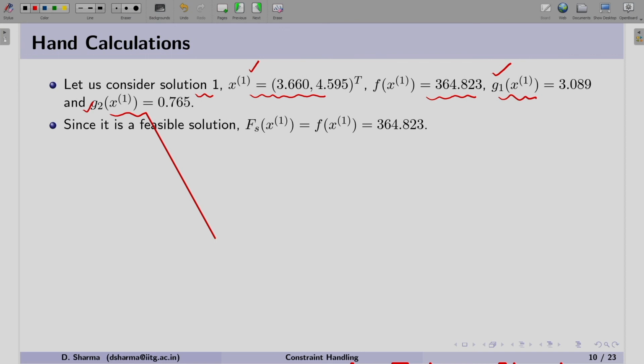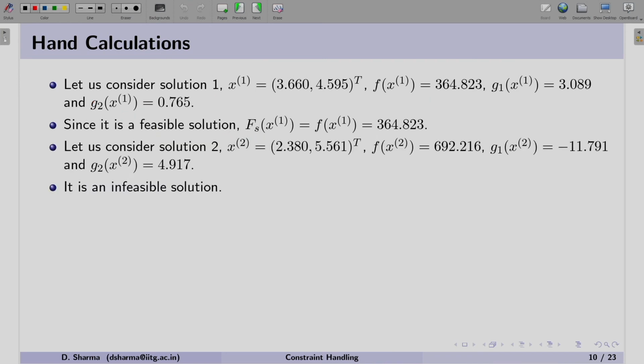So, the solution is feasible, and therefore the fitness of this solution is equal to the objective function, which is 364.823.